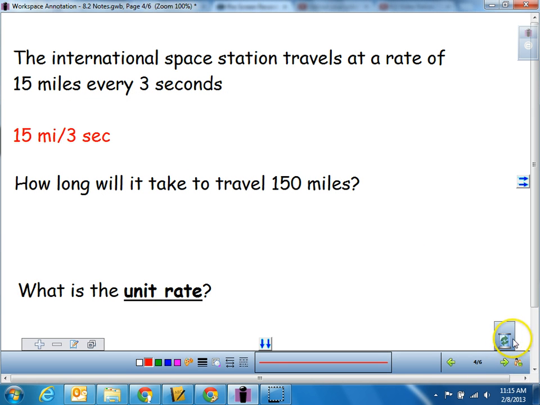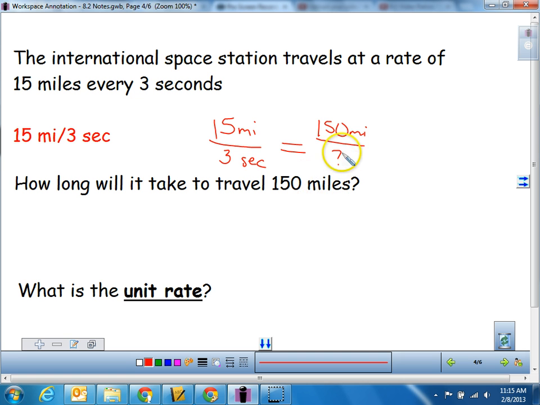Let's keep moving on. We have the International Space Station travels at a rate of 15 miles every, wow, every 3 seconds, sorry, that is going fast. 15 miles in 3 seconds. So how long would it take them to travel 150 miles? Essentially, I've got my 15 miles per 3 seconds, and I want to know how long it is going to take to travel 150 miles.